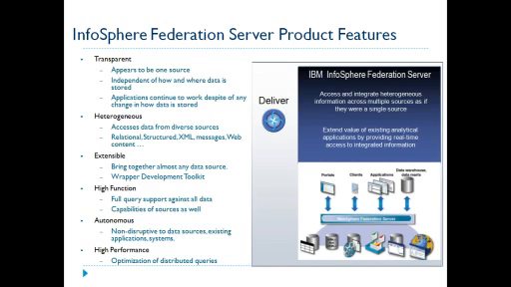So some of the things that distinguish it: the transparency, as I mentioned before. You don't need to know the underlying complexity of where all the data is stored. You are either writing queries against or coding to a single API. This gives your enterprise a great deal of flexibility to move from data server to data server, because once you code to this API, you could pull a server out.